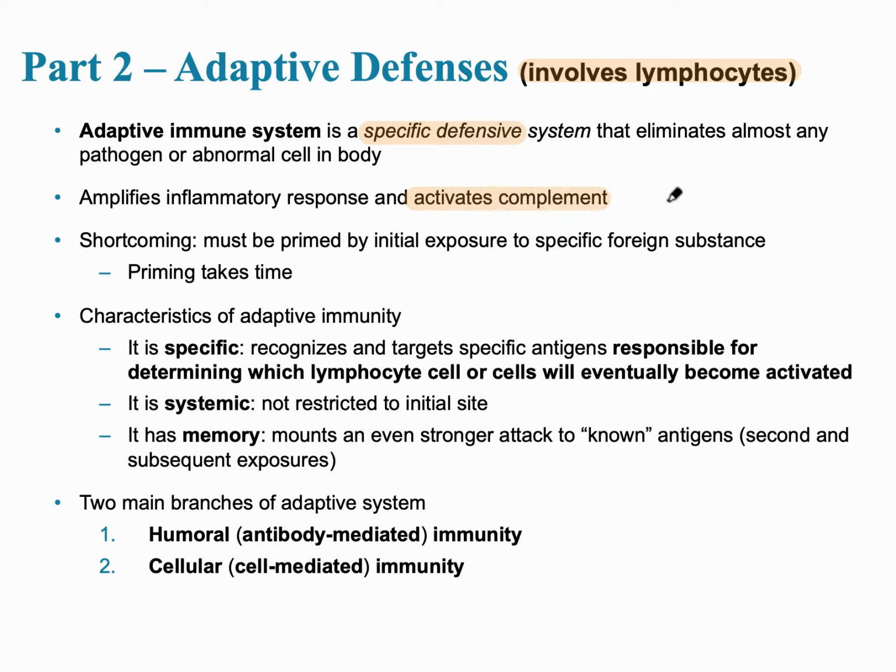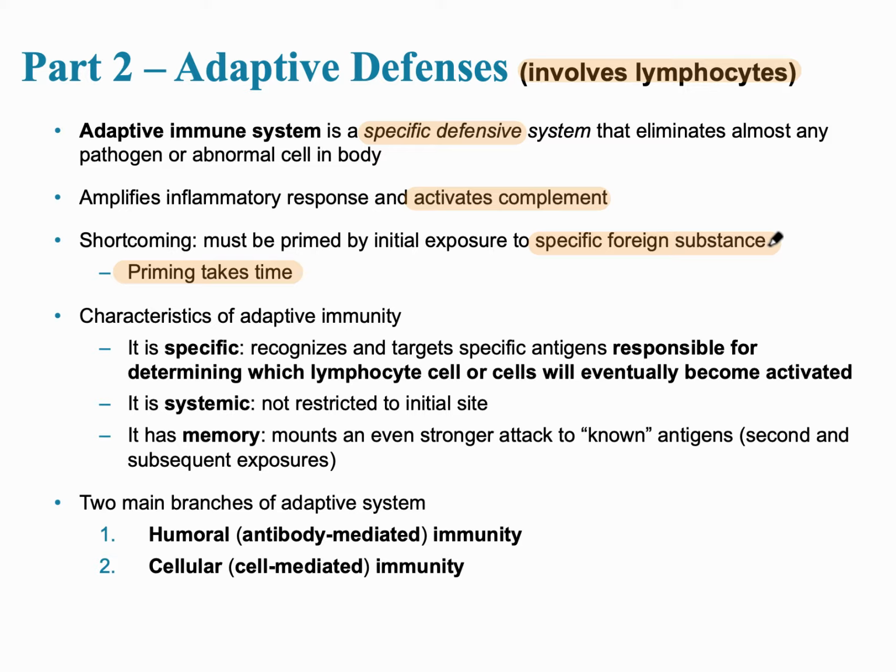However, the one shortcoming is that there has to be an antigen encounter, the antigen from the specific foreign substance that the lymphocyte has to come in contact with in order to activate it, to prime it. So it takes a little longer.